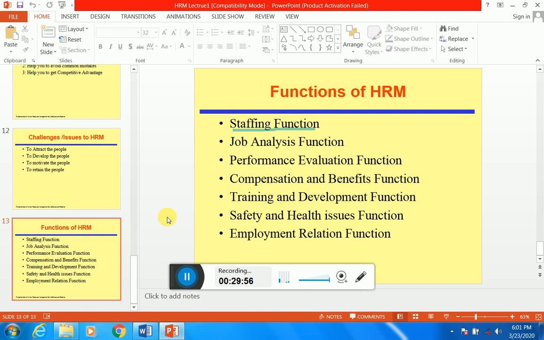The last but not the least is the human resources employment relation function. What is the employment relation function? It relates to unionization or union organization. In unionized organizations, the HR department takes an active role in negotiating and administering labor issues or agreements.